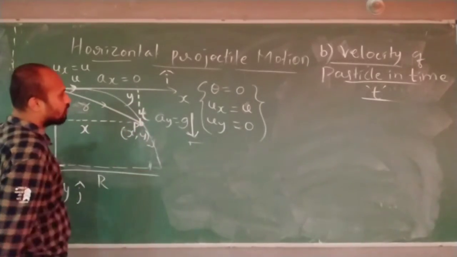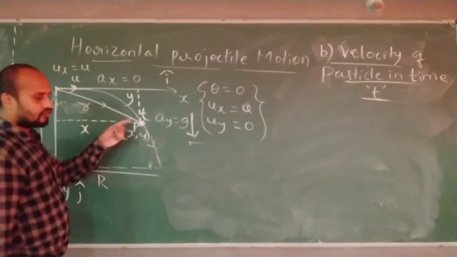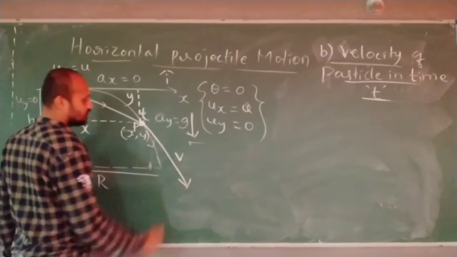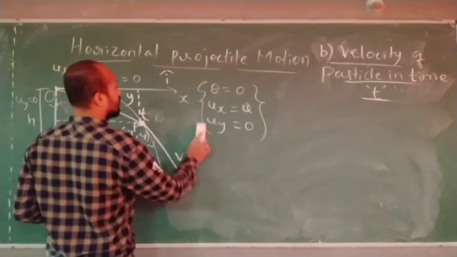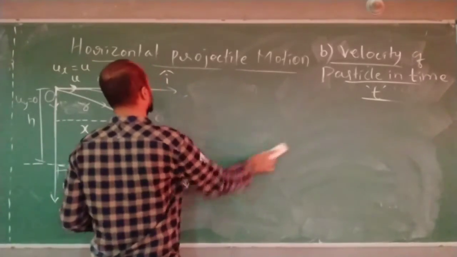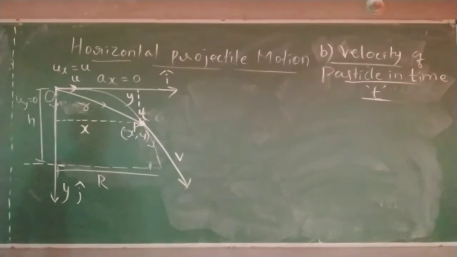I want to find the velocity at this point, so I will draw one tangent line. This is V, the V at the point P. These conditions I am going to use; you must know this.